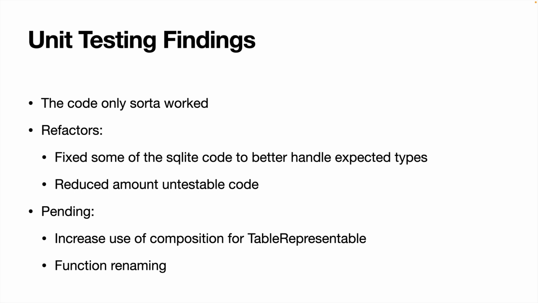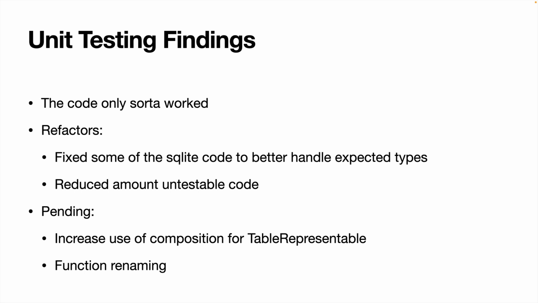But there are a few cases where it's very hard to set up, like forcing SQLite to have an error. That can be a little bit tricky to do. So a lot of that code is untestable. Some of it I can pull out into a separate little function and test that. For the most part, we want to get rid of untestable code as we can.